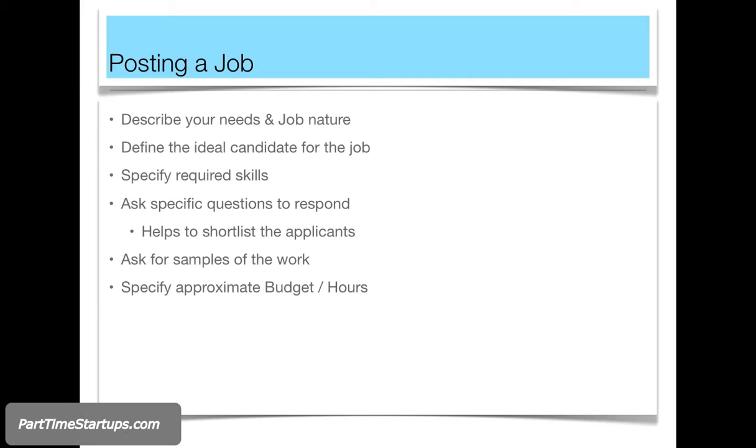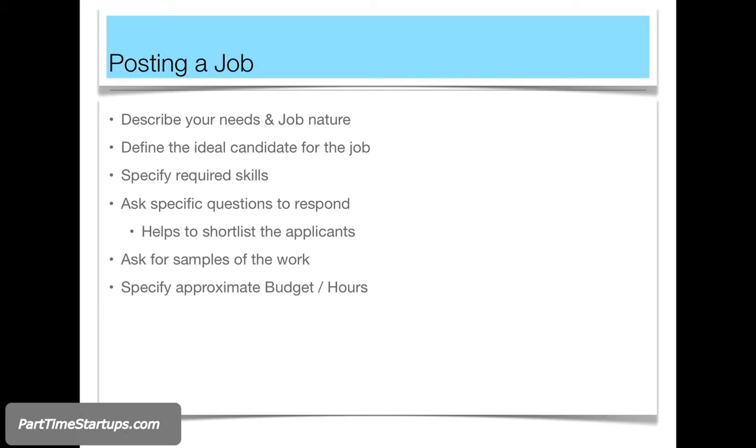So to help with this mutual purpose, when you post a job, try to give as many details as possible. Define the ideal candidate you are looking for, and try to list out the specific skill set. Let me give you a couple of examples. Let's say I'm looking for a PHP programmer.